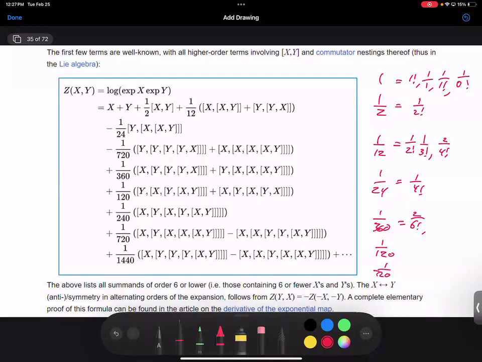Can I get from 24 to 360? 5 factorial is 120. I could view it as 1/3 factorial, 1/5 factorial times 2. Right?